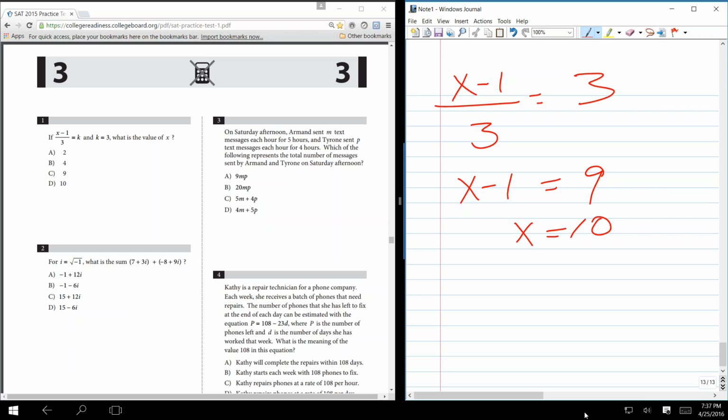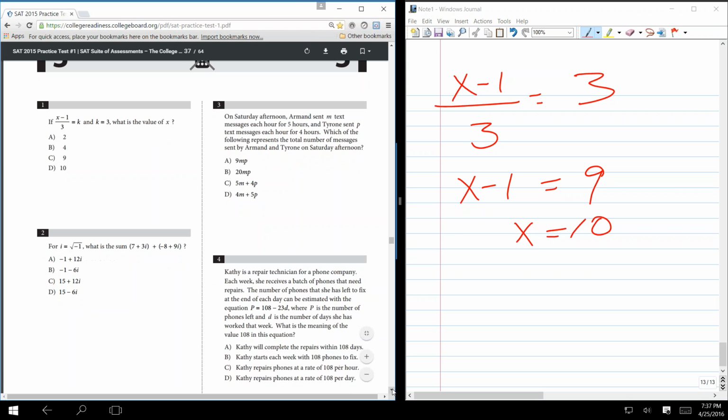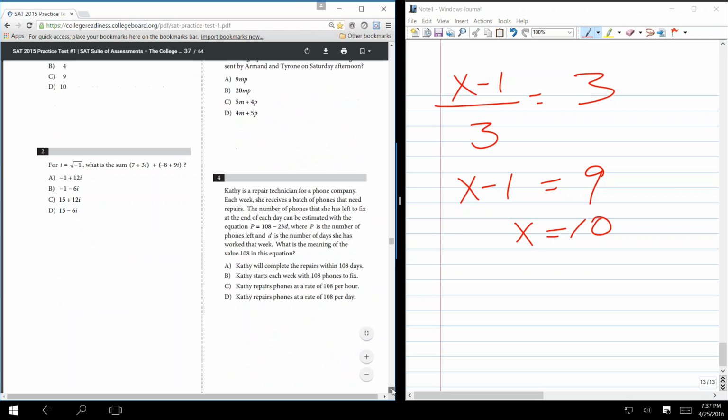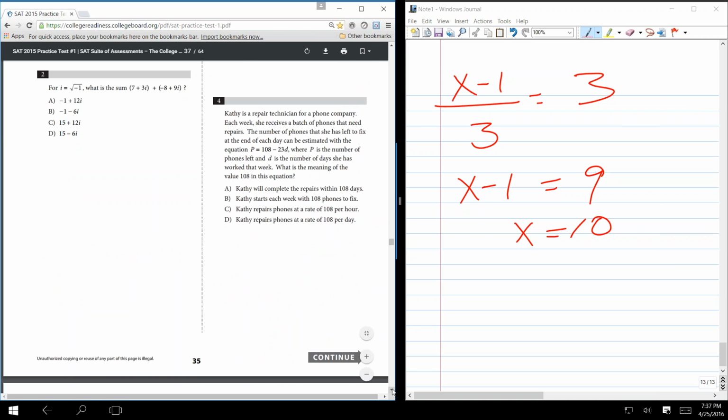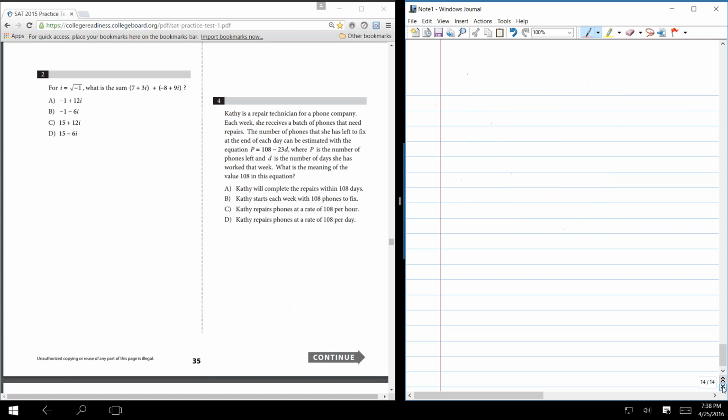All right. Number 2. If I see that you know how to do a problem, I won't spend any time on it at all. I'll go to the next problem immediately. All right. So this one, I remember i. 3i plus -8 plus 9i.